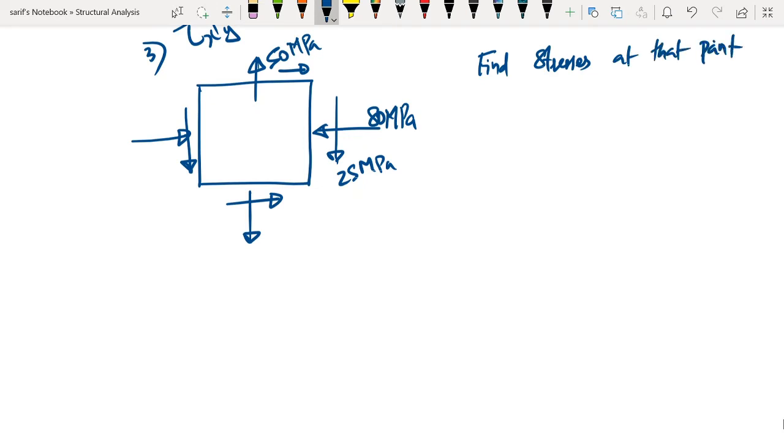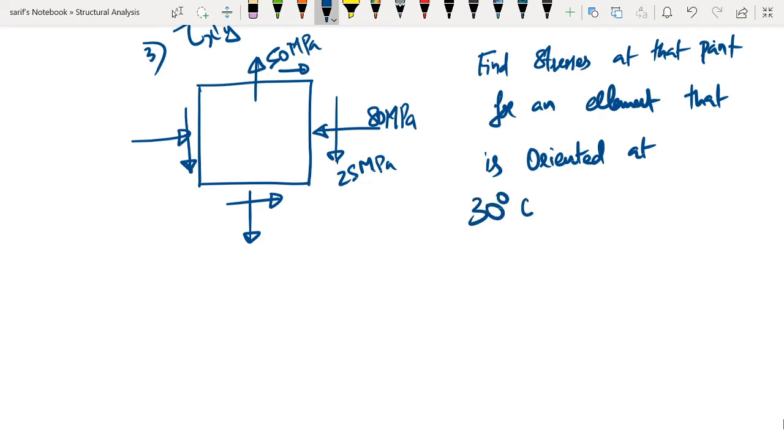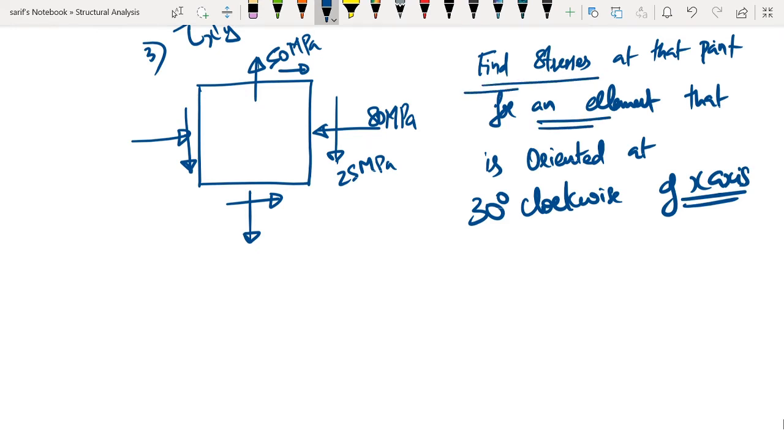So it is the stress at the same point for an element that is oriented at 30° clockwise of x-axis. So 30° clockwise of x-axis. For that particular element, we need to find the stresses at the point.